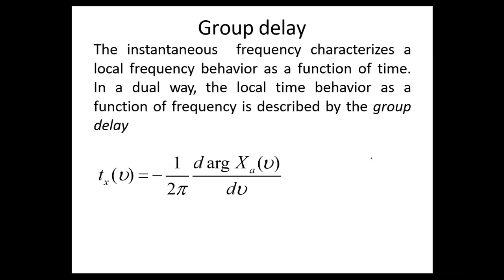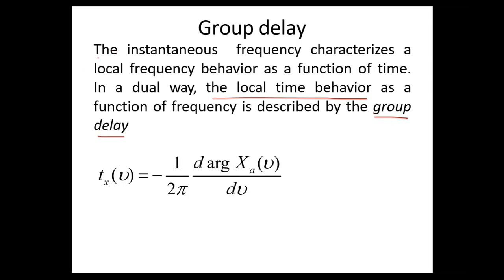Now we have the mean instantaneous frequency. There is another term which is called group delay. With regards to the mean instantaneous frequency, we have another behavior which is basically the local time behavior, and that local time behavior is regarded as the group delay.